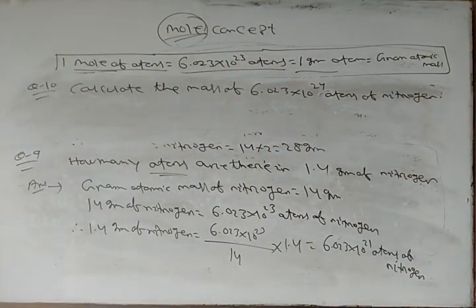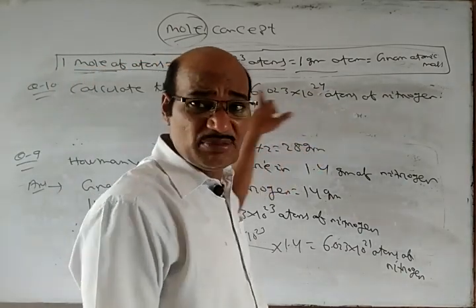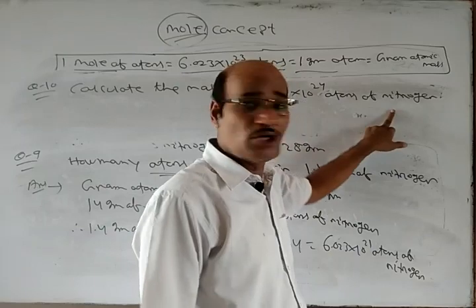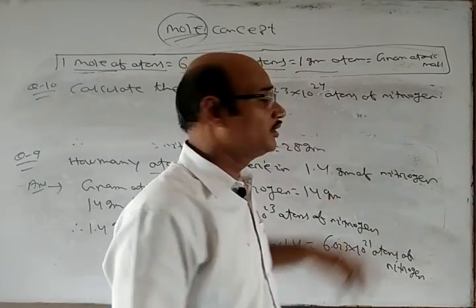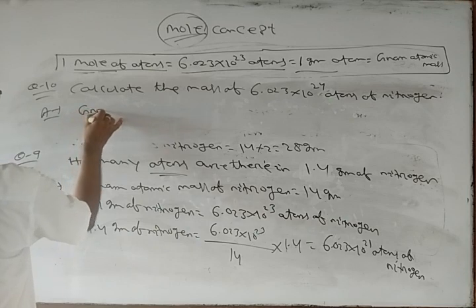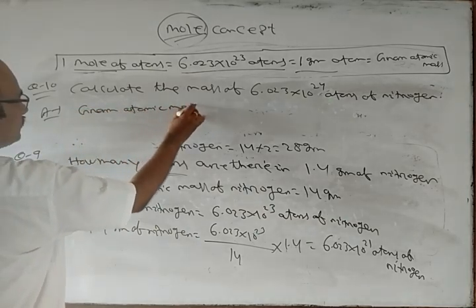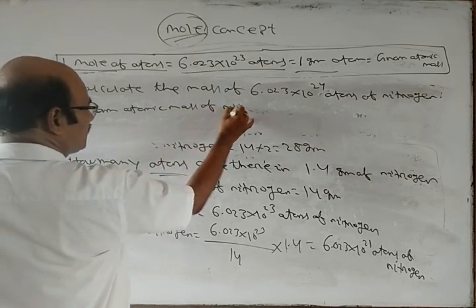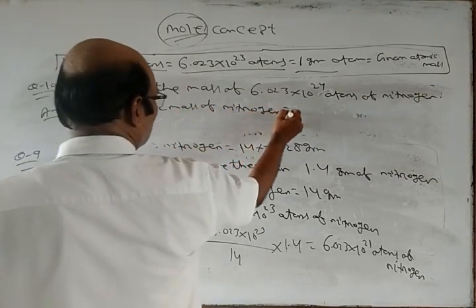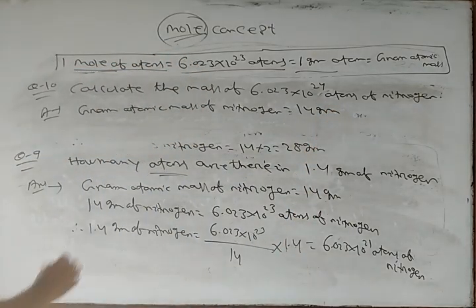So what is the mass of this much atoms of nitrogen? Because the atom is given here, so we will take what, the atomic mass, gram atomic mass, the standard. So what write here? Gram atomic mass of nitrogen is equal to what? 14 gram.